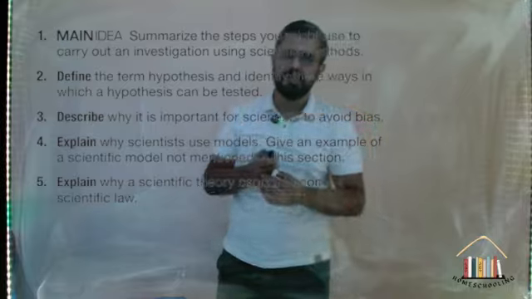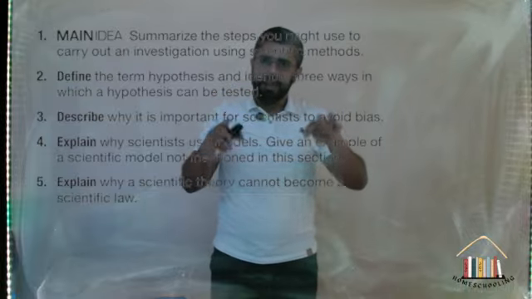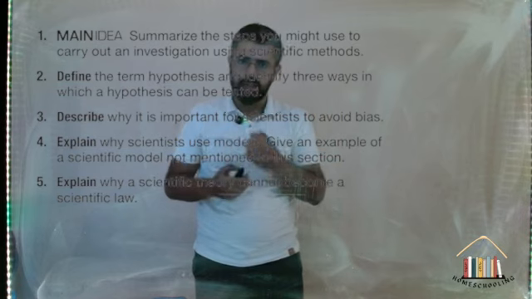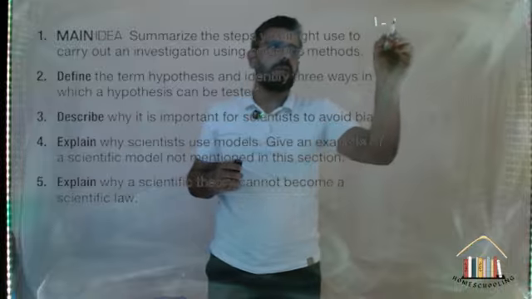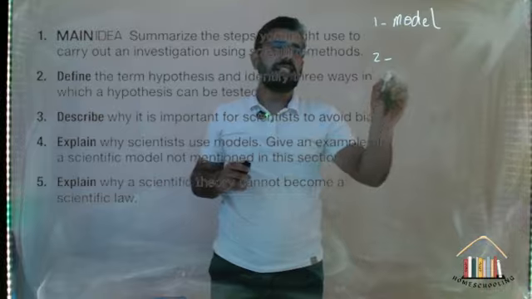Okay, so 3 ways in which a hypothesis can be tested. For example, you can say doing a model that I showed you, okay? So a model that helps us understand the problem or a phenomenon from a better perspective, creating a model. Or on the second step, so first have a model, second step, do an experiment.